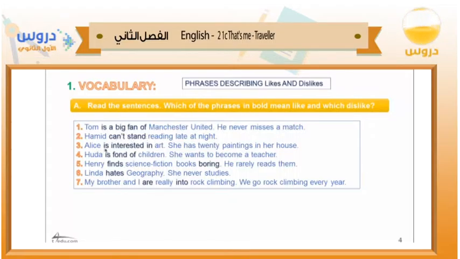Dislike. Alice is interested in art. Like. Huda is fond of children. Like. Henry finds science fiction books boring. Dislike. Linda hates geography. Hates. Dislike. They are really into. This is like.